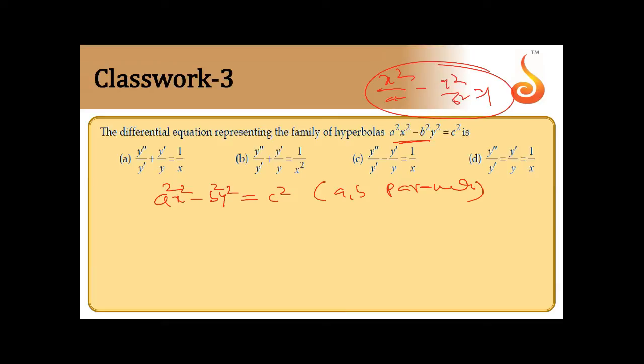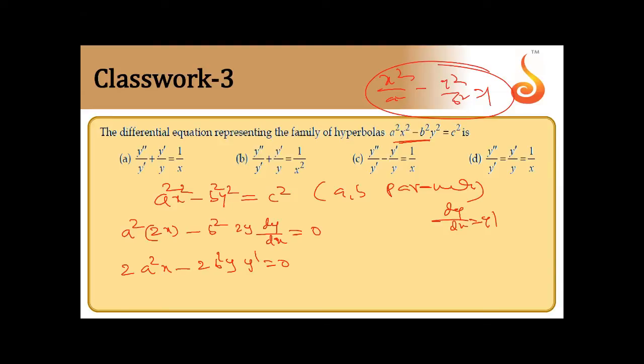So now you have to differentiate. When you differentiate, you have 2a square x minus b square into 2y dy by dx equal to 0. Clear now? So now here is 2a square x minus 2b square y, and we can write dy by dx as y dash.